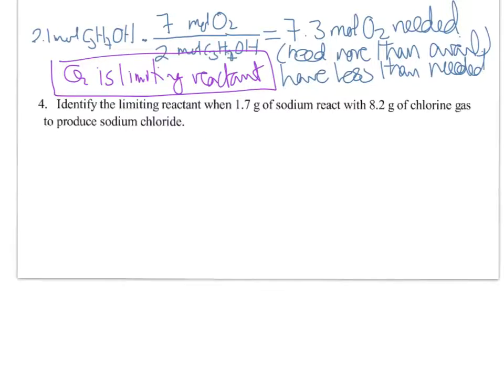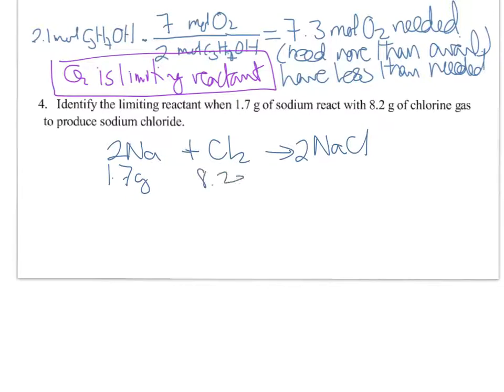So I have sodium reacting with chlorine to form NaCl. To balance, you need 2 and 2. All right, I'm going to write down what I have. I have 1.7 grams of sodium, and I have 8.2 grams of chlorine. All right, I'm trying to find which one is my limiting reactant.